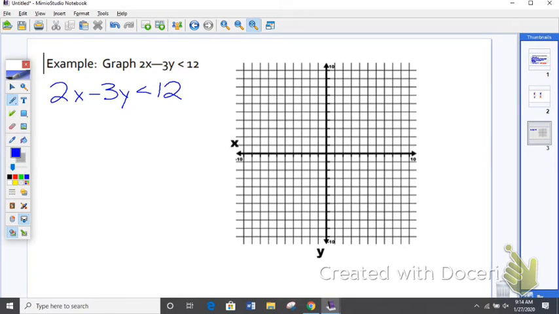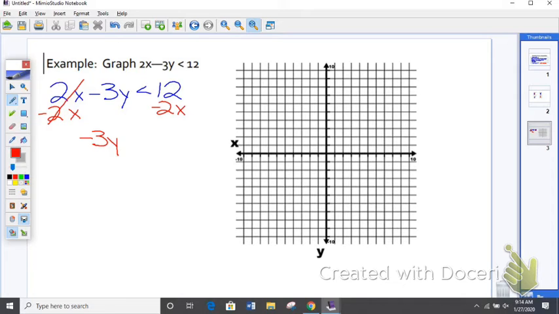Okay, I'm going to move the x to the other side. How do I do that? Okay, I do the opposite. So I'm going to subtract 2x from both sides. Very important that you drop down the negative with the 3y.